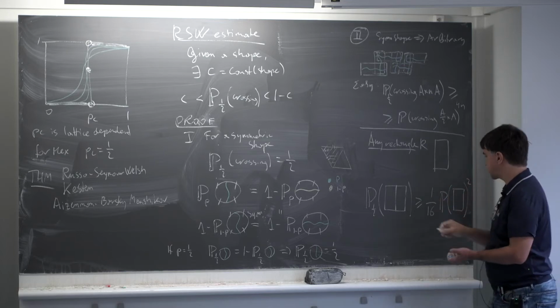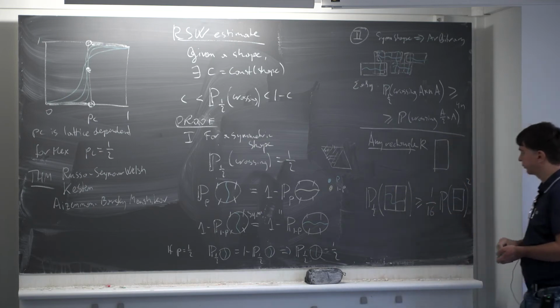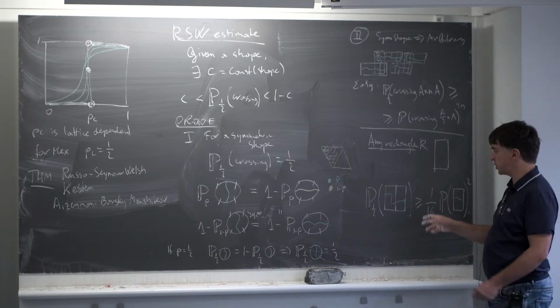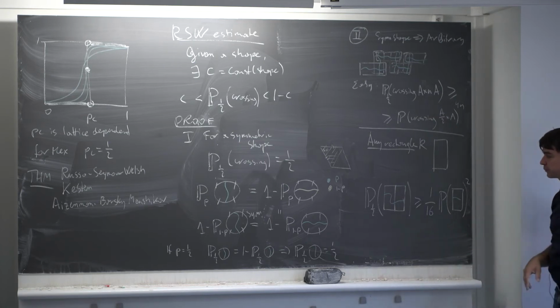It's a very poor estimate. In fact, one can do better. But then already you can stack them as you wish. You can snake them using this, and from that everything follows.